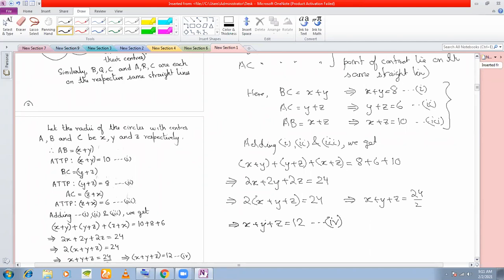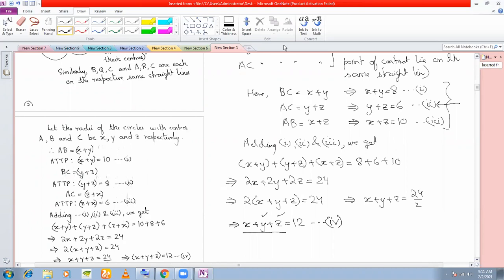Now we want to solve for x first, next y, and next z. If you want to solve for x first, from equation number 4, I need to remove y and z, right? Now in 1, 2, and 3, which equation contains y and z? Equation number 2 contains y and z.